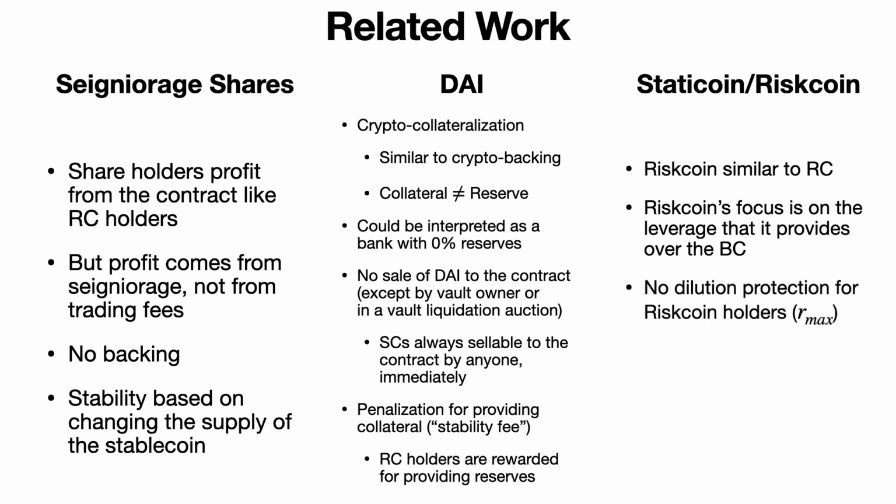Whereas in our case, the focus of the reserve coin is on, I mean, if you're a reserve coin holder, your primary interest is to profit from the contract through the accumulation of trading fees, right? You also get a little bit of leverage, but that shouldn't be your main focus, I would say, if you're a potential reserve coin buyer.